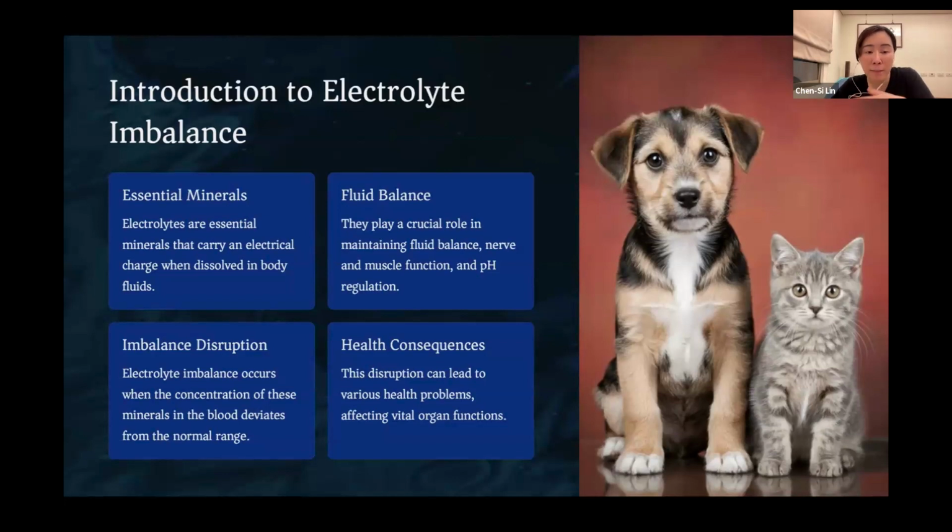If imbalance occurs, we can see some specific clinical symptoms, and we need to adjust them. If we cannot adjust them at the right time, the possible outcome may be severe and maybe fatal. So how to maintain this electrolyte balance is important.